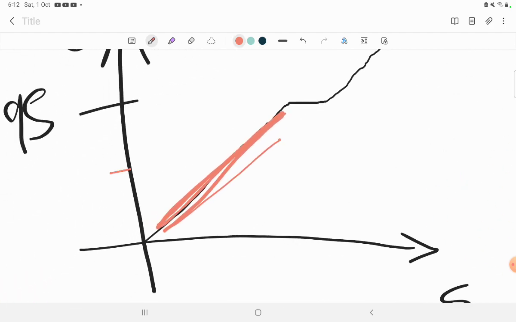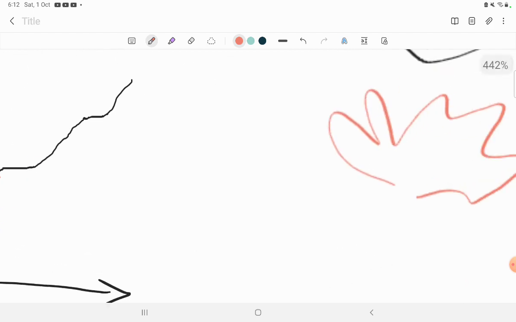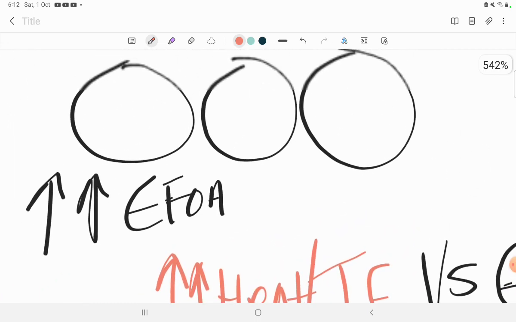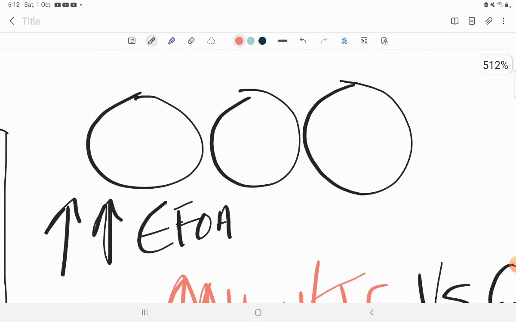It is very hard to make this substance go from a solid to a liquid, because the strong EFOA requires a lot of thermal energy for it to be weakened, to a point such that the EFOA can no longer hold these molecules together.